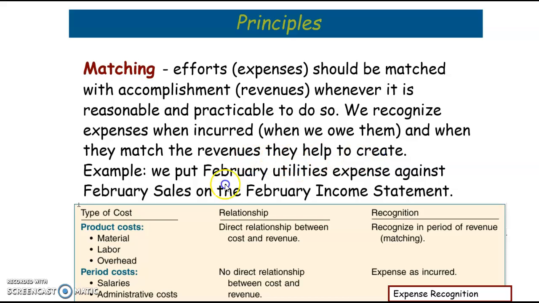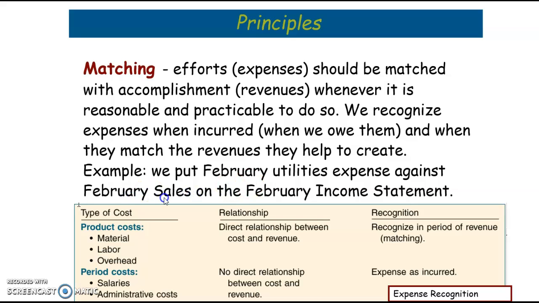So what that means is that we want to put February utilities expense, which is our expense, we want to match that against February sales. So if I didn't have the lights on in the store in February, no one would come in and buy stuff. And so we wouldn't have any February sales.